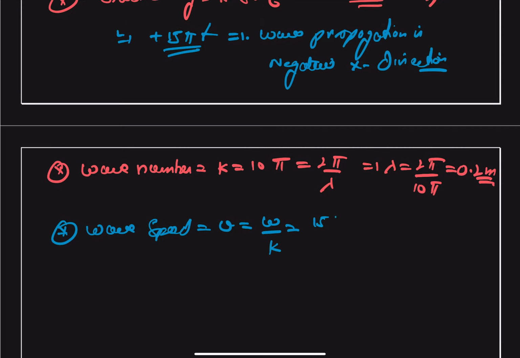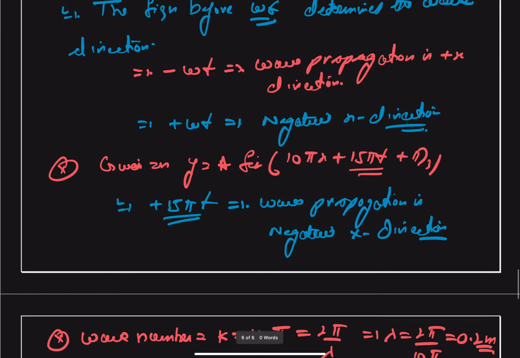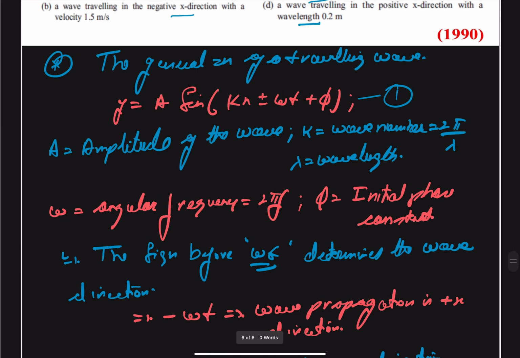So we can write 15π divided by k, that is 10π, so this comes to 1.5 meters per second. So the wavelength is 0.2 meter, the velocity is 1.5 meters per second, and the traveling direction is negative x.